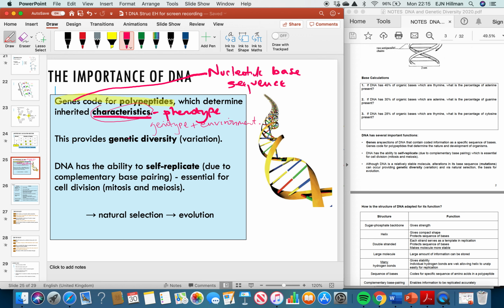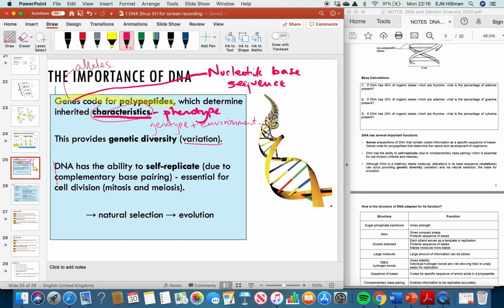This provides genetic diversity. So different versions of genes are known as alleles. Those alleles are produced by mutations to a gene. So the nucleotide-based sequence may change to produce a new allele. And different alleles create different phenotypes, and that provides that genetic diversity or variation that we see in populations.